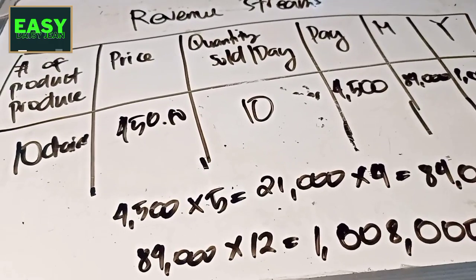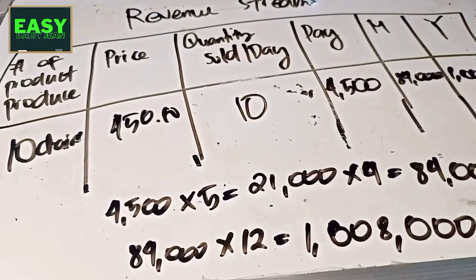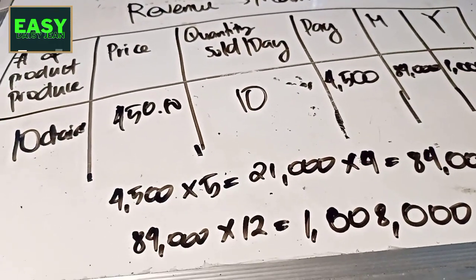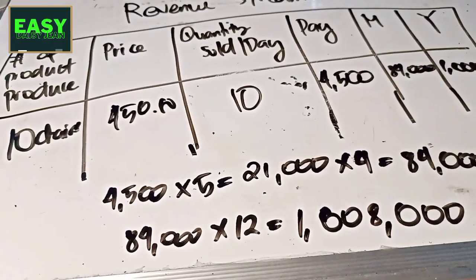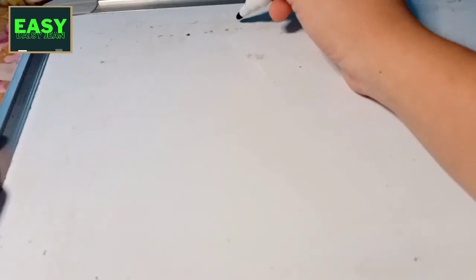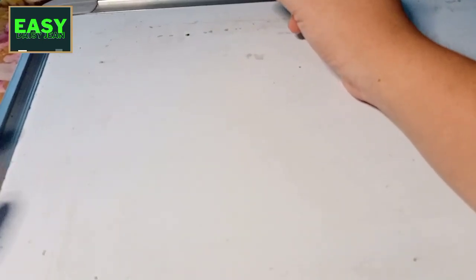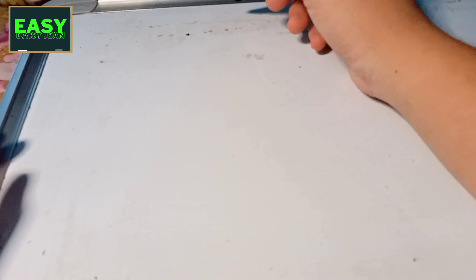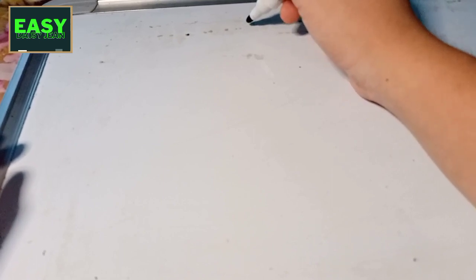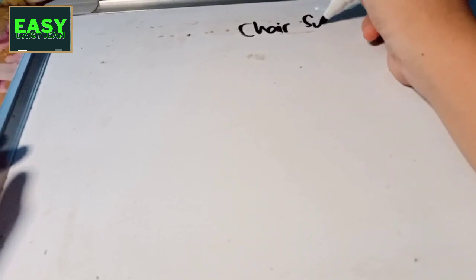With this revenue stream, you will then proceed to creating your projected income statement. So how will you create your projected income statement? First, you will write, say for example, Chair System.